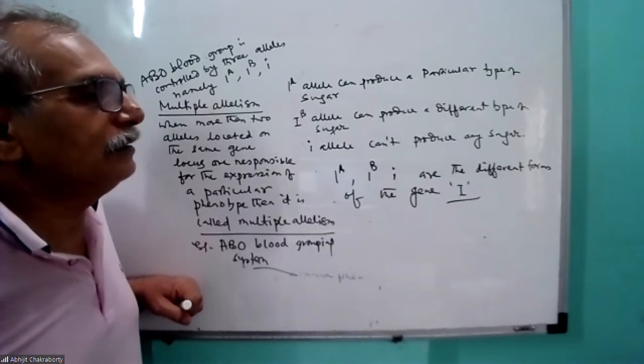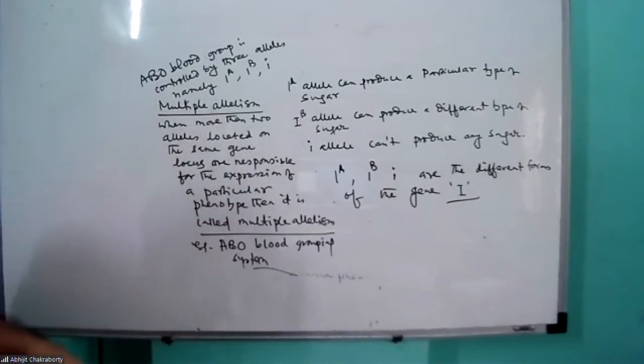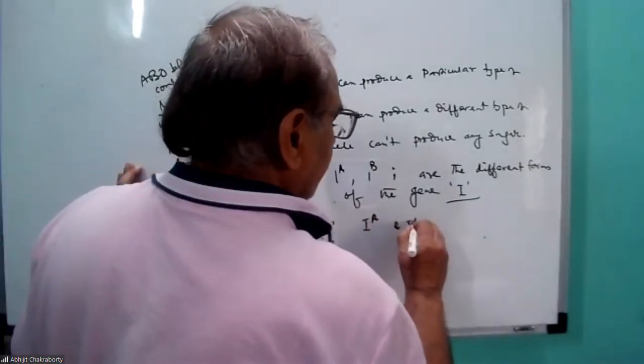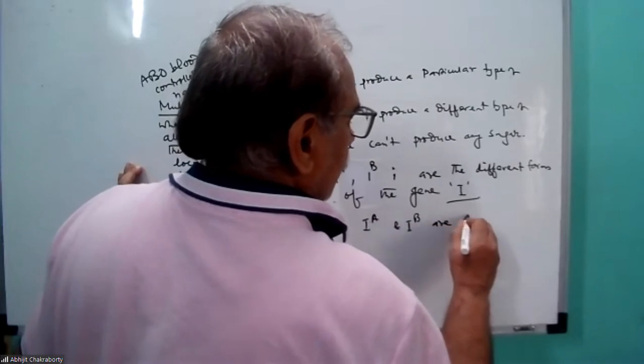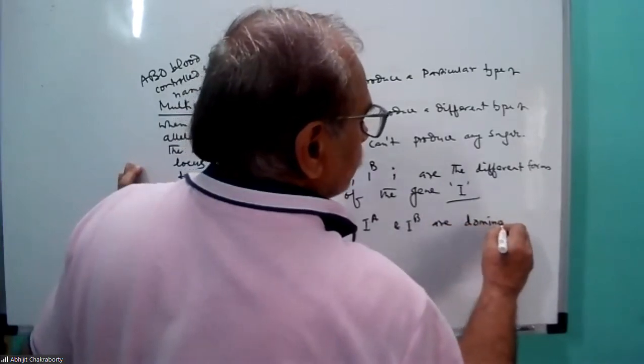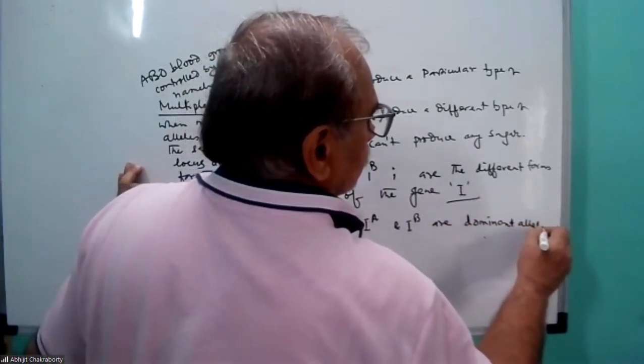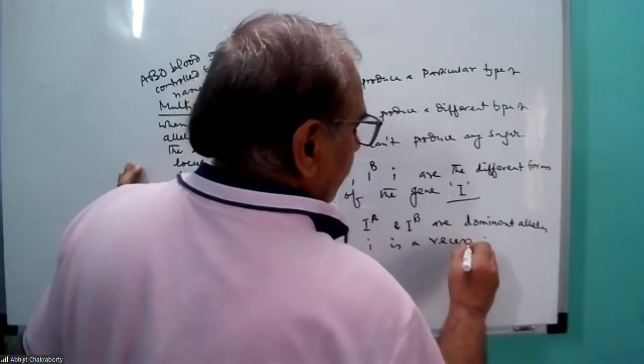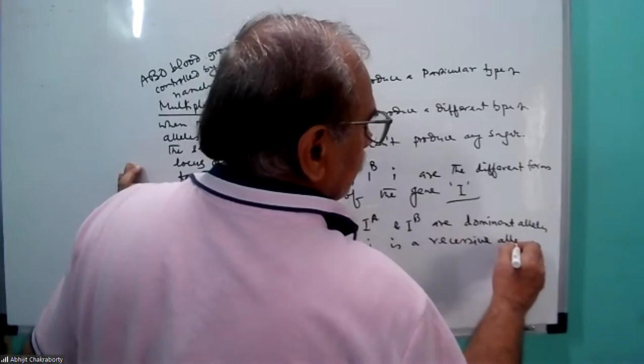Now, how can they be arranged? Here, IA and IB are dominant alleles. i is a recessive allele.